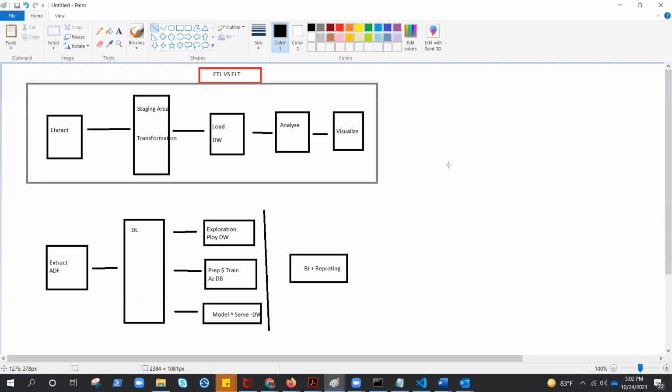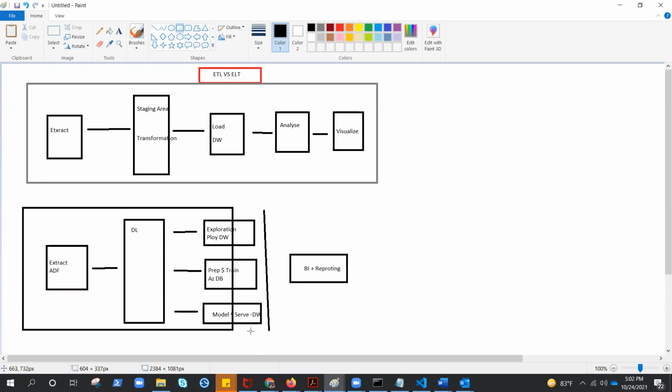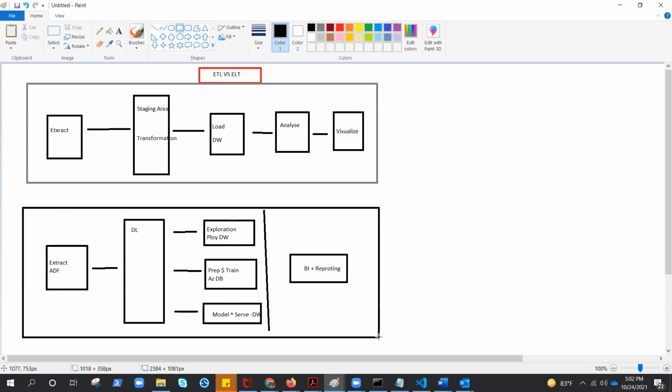And also low compliance with the data security protocol. Since data is stored with minimal processing, you may need to take additional steps to ensure compliance with data security protocols. So this is our ELT process.